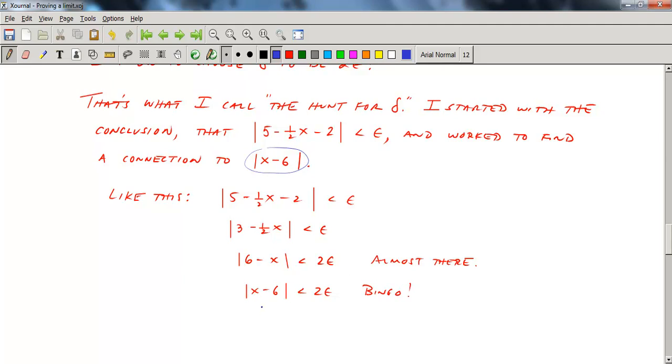So I ended up with that, which, remember, looks remarkably like that. And that was the reason why I chose delta to be 2 epsilon. But in the formal proof, which is above this screen, I simply started with delta being 2 epsilon as if I just pulled it magically out of a hat.